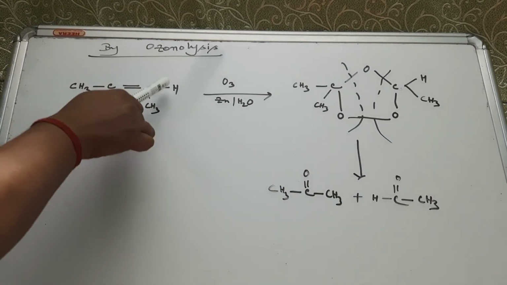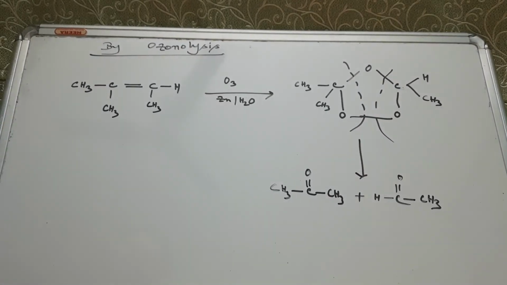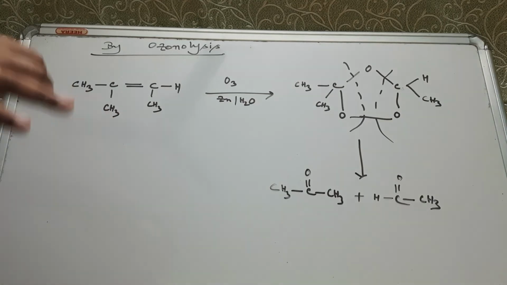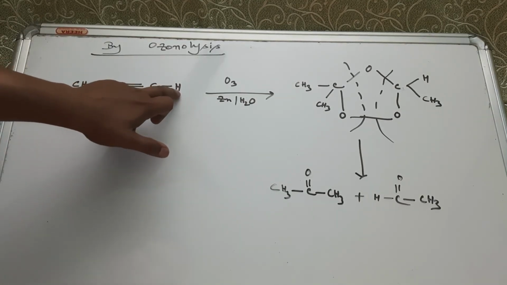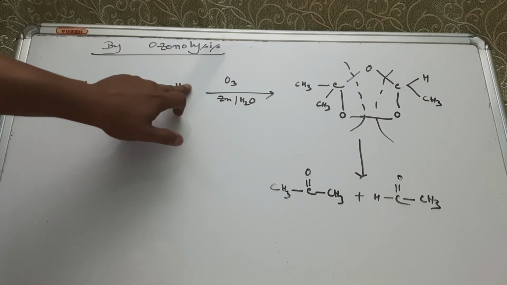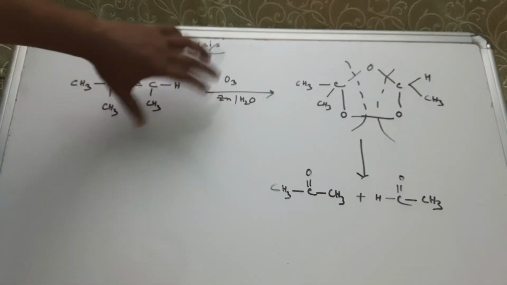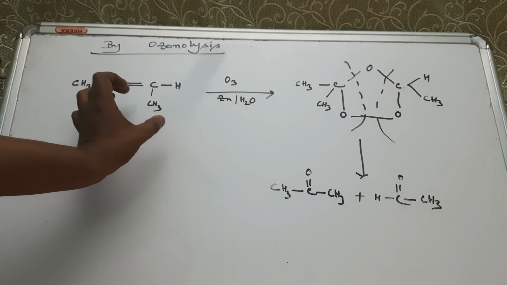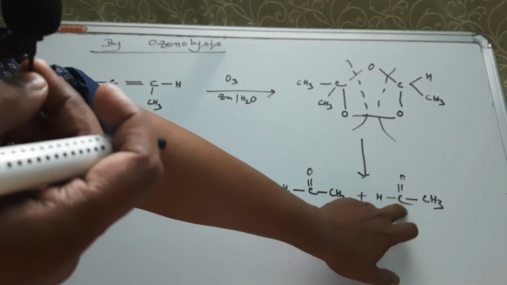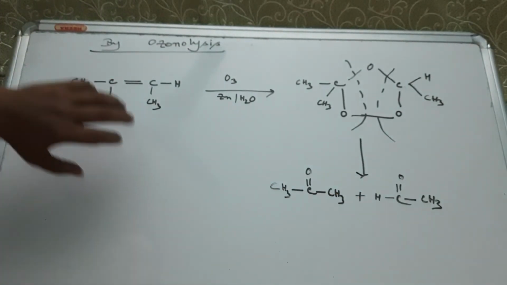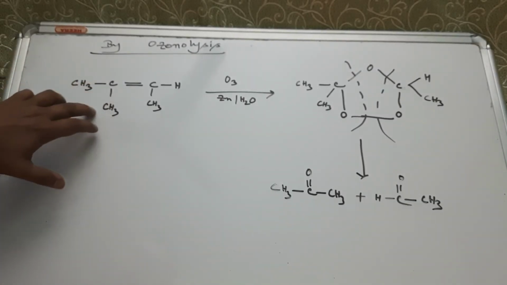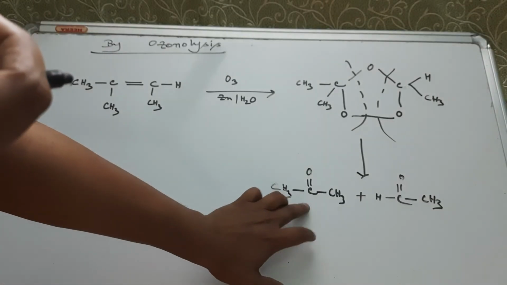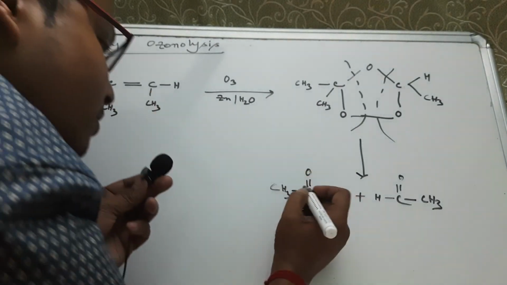If there is a hydrogen atom attached to the alkene carbon, meaning the carbon to which the double bond is attached, then that side will form an aldehyde, and the other part where no hydrogen atoms are attached will form a ketone.